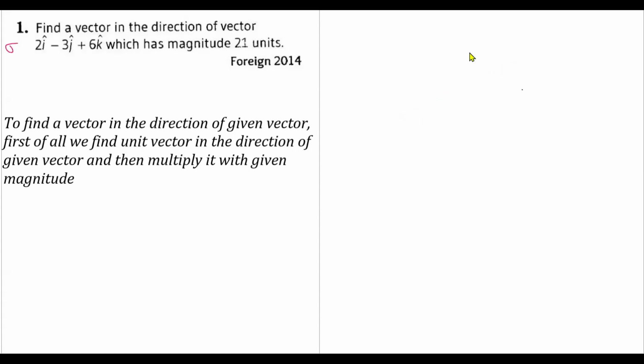If I take this vector as a vector here, then you know that a cap is the vector divided by its magnitude. First, I'll obtain the magnitude, which is under root a square plus b square plus c square. Needless to say, a, b, c is 2, minus 3 and 6.